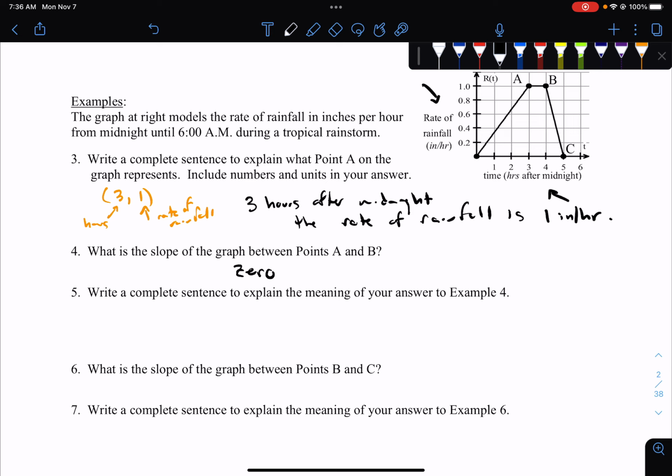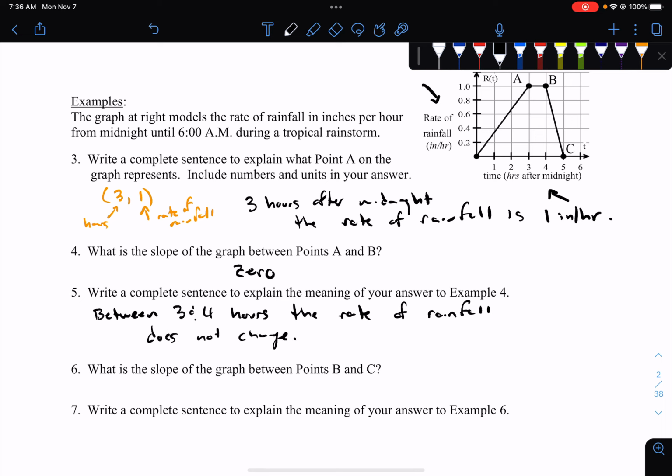So in between point A and B, so between 3 and 4 hours, the rate of rainfall does not change, is one way that you could say that, right? The rate of the rainfall is staying the same from 3 to 4 hours after midnight.